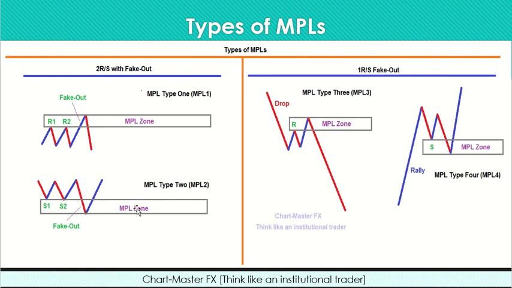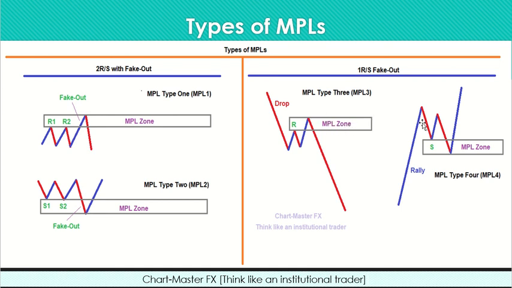And for the 1 RS, we have type 3, where the price is dropping. As the price is dropping, we can see that there is a high that is formed there, and we see the break of the high. So now the price is creating a new higher high. Once we have those conditions, we can draw our MPL zone.